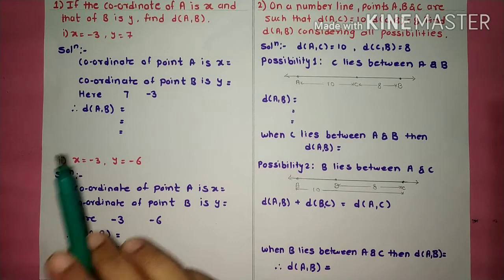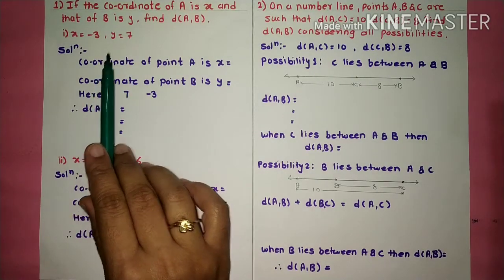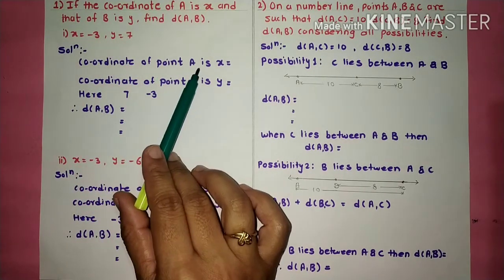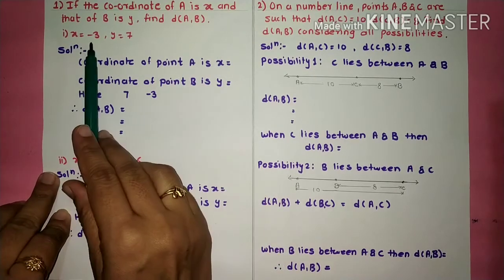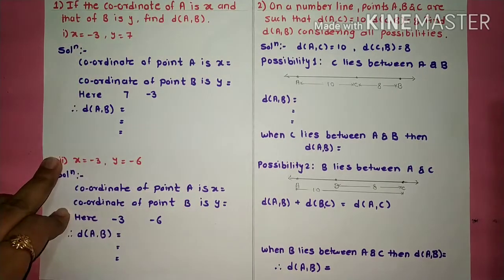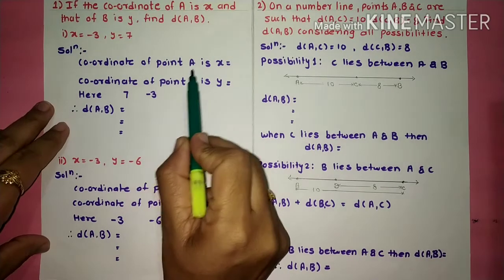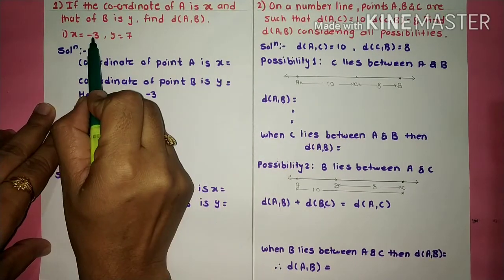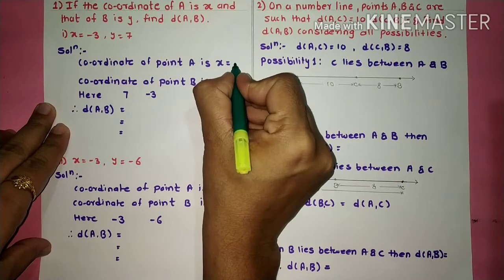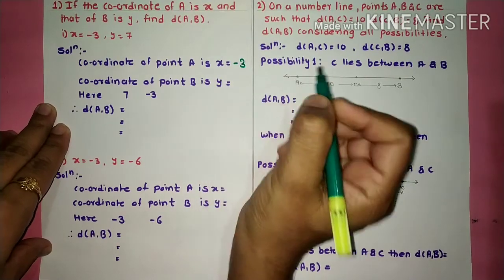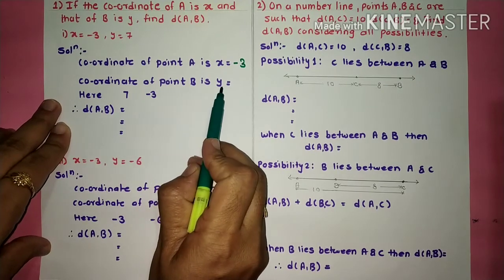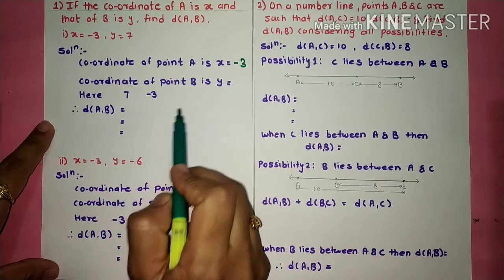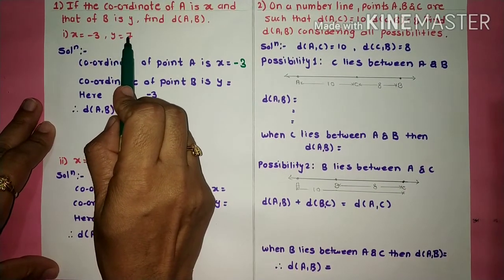First write down the given terms. Given that the coordinate of point A is x and the value of x is -3. Therefore, the coordinate of point A is x equals -3. Then second, the coordinate of point B is y and the value of y is 7.